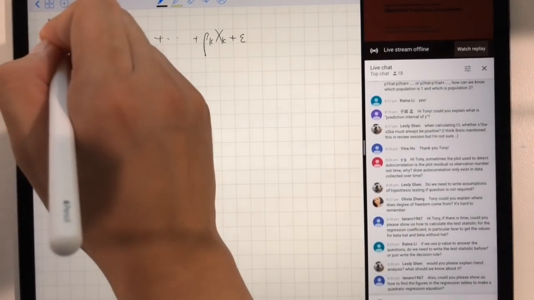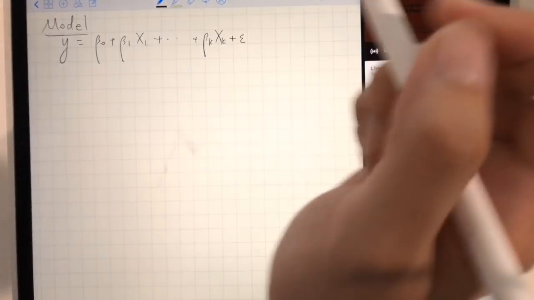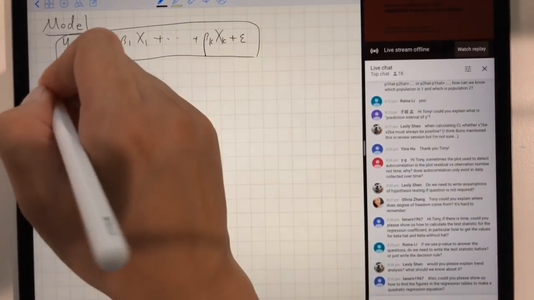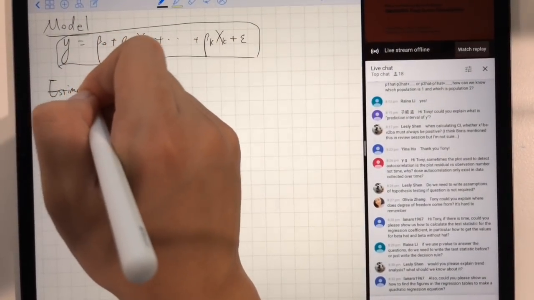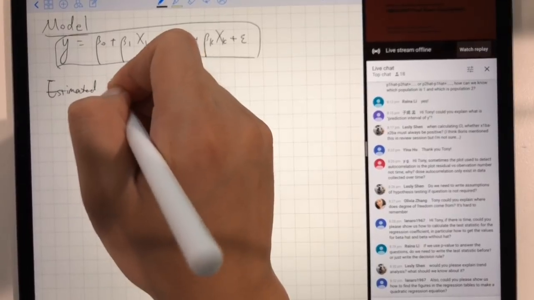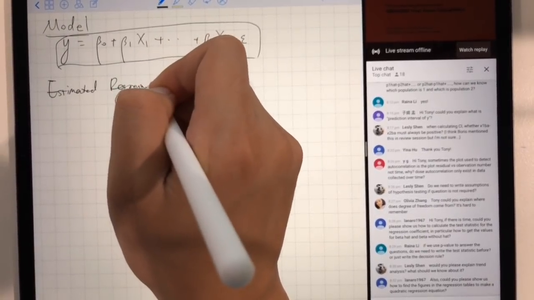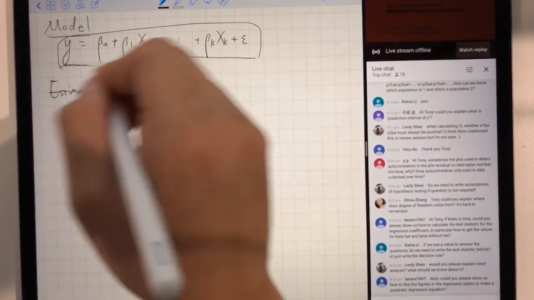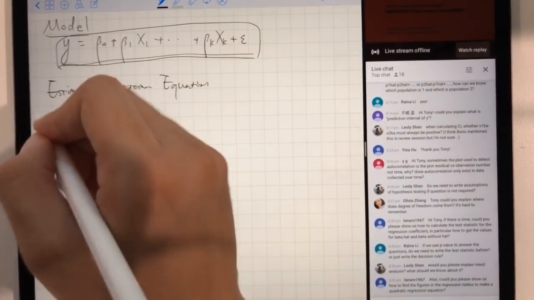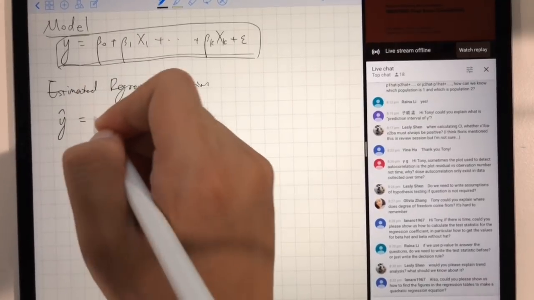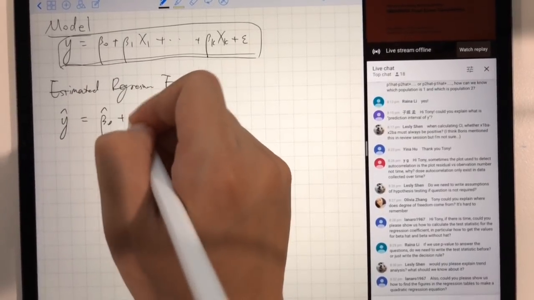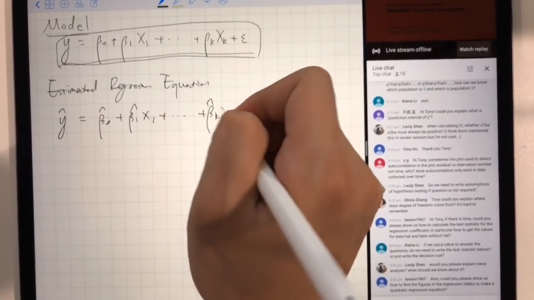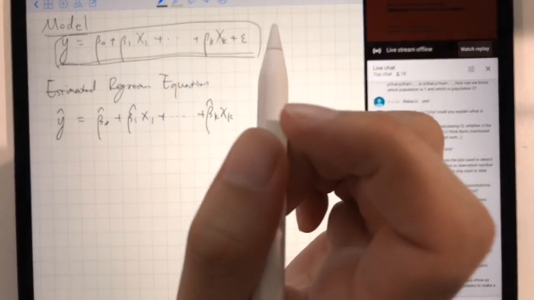And this is called a model, right? When we apply this model to do some estimation, we get an estimated regression equation. This equation is the one with numbers and hats, okay? So it's y hat equal beta 0 hat plus beta 1 hat x1 and so on, plus beta k hat xk, and no epsilon, okay?